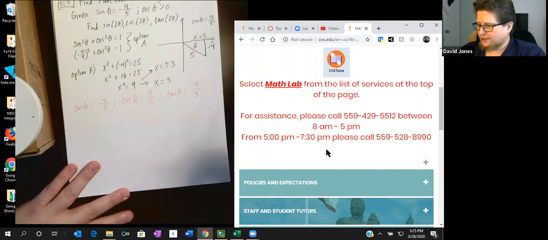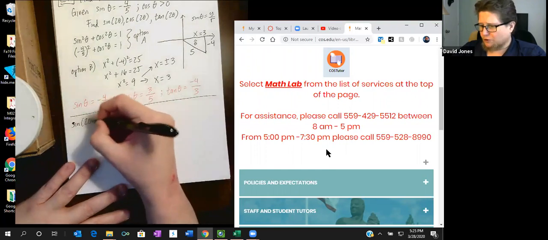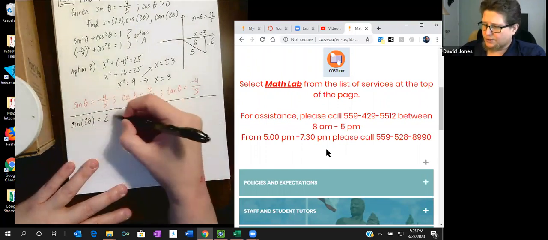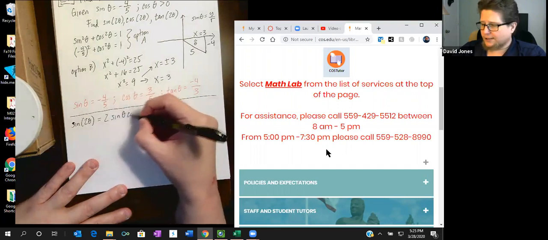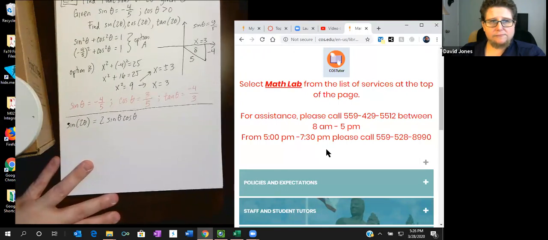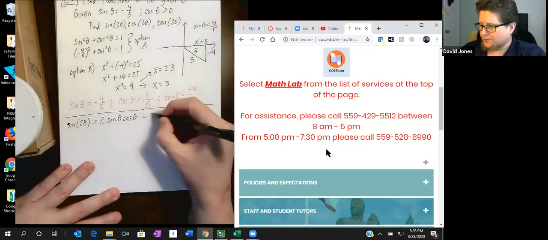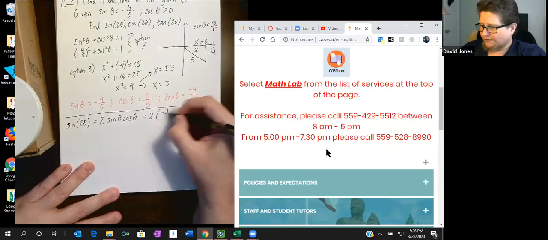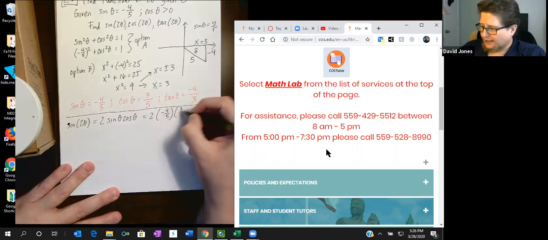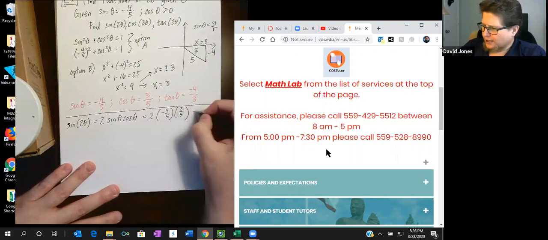Now that we have that, we can start figuring out what we have. So sine of 2 theta, that was the first task. That is 2 times the sine of theta times the cosine of theta. We will replace that with the values we have, -4 over 5 and 3 over 5. And if you multiply that all out, you're going to get -24 on top and 25 on bottom.